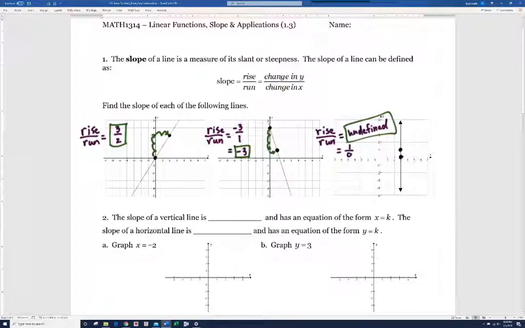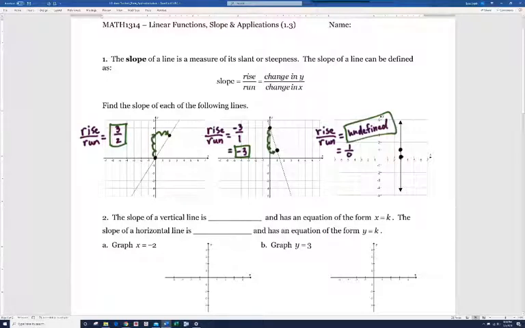And so I would go up 1 and right 0. I wouldn't move to the right. Okay, so we know that we can't divide by 0 when we're working with fractions. That expression is undefined, and so notice we do get undefined. Our slope is undefined for a vertical line.